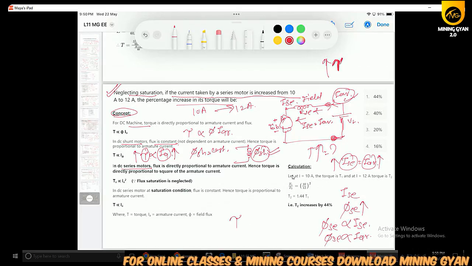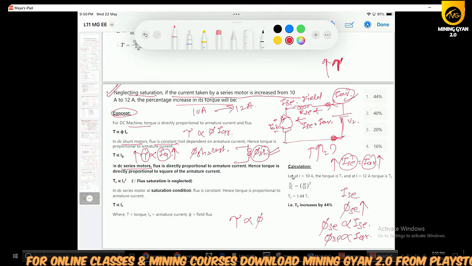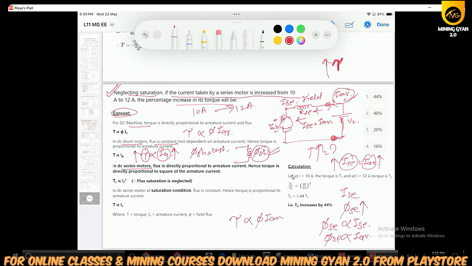Then how to write this equation? Torque is directly proportional to phi into IA, and since phi SE is directly related to IA, meaning directly proportional to IA, then you can write like this: torque directly proportional to phi or IA square.